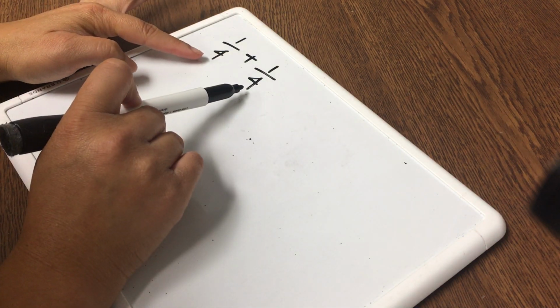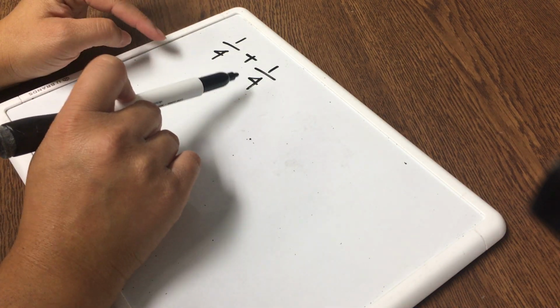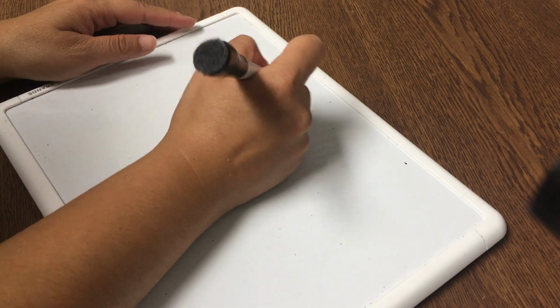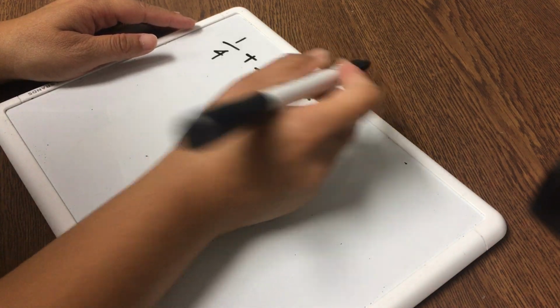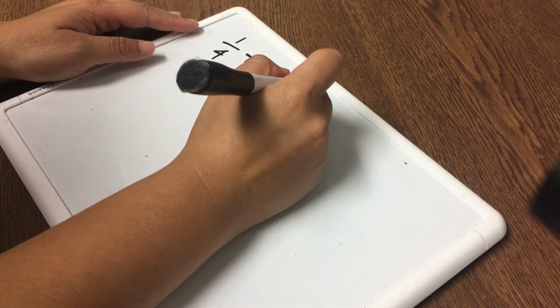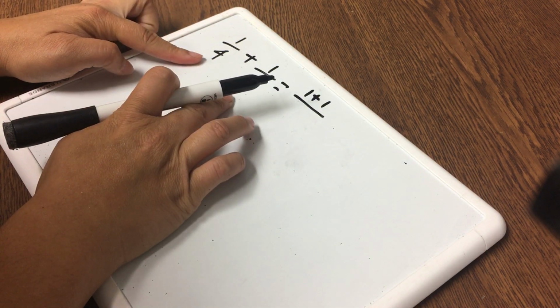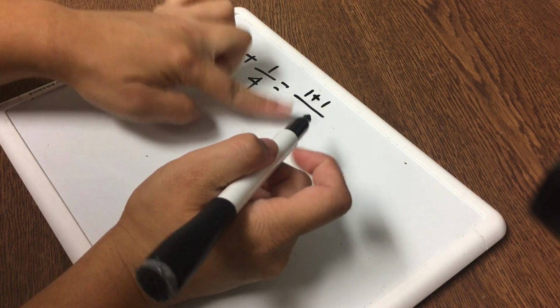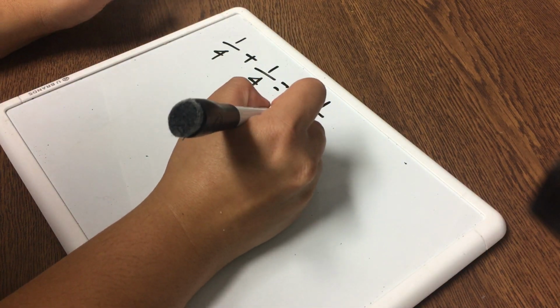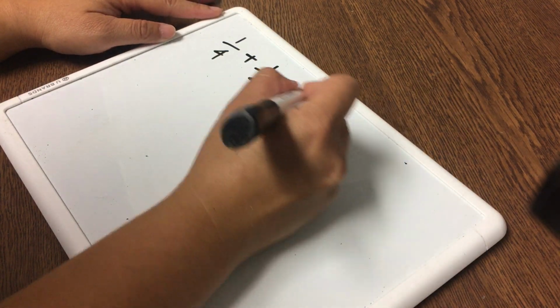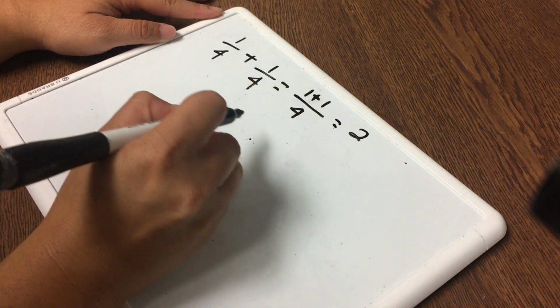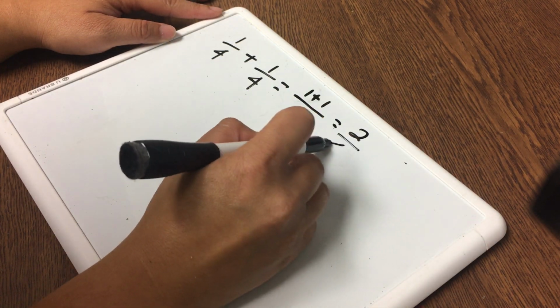When you have denominators as the same number, you just go ahead and add straight through. So 1 plus 1 over, and because it's the same number, your bottom number will be the same. So this would be 1 plus 1 is 2, over 4.